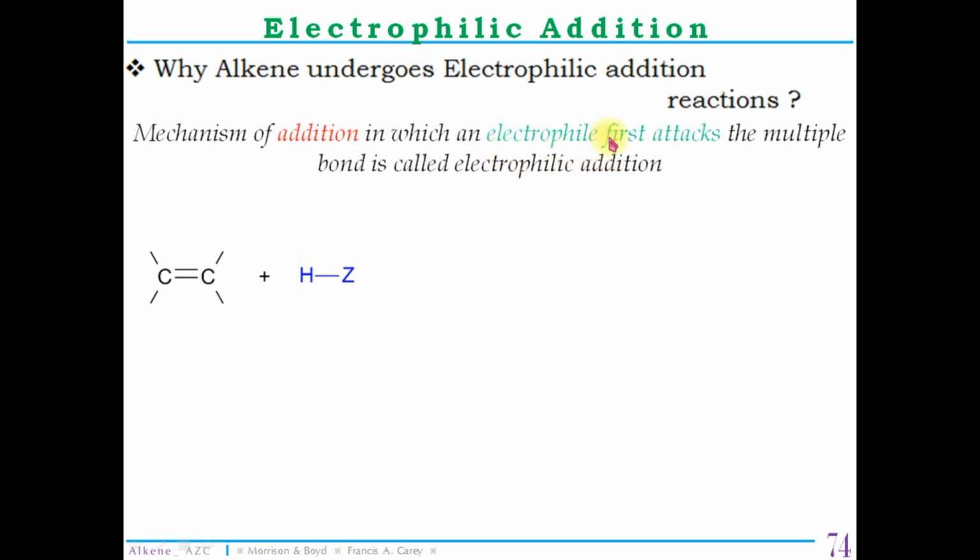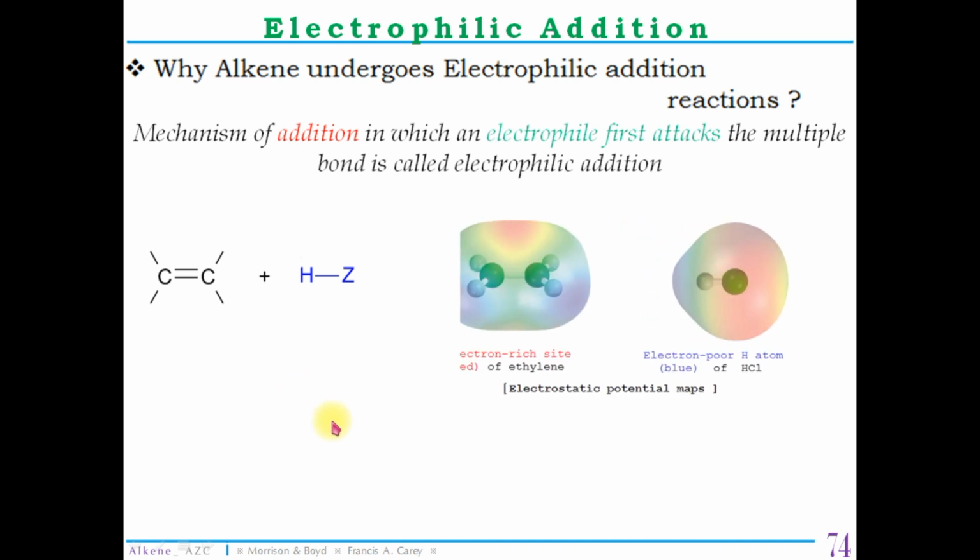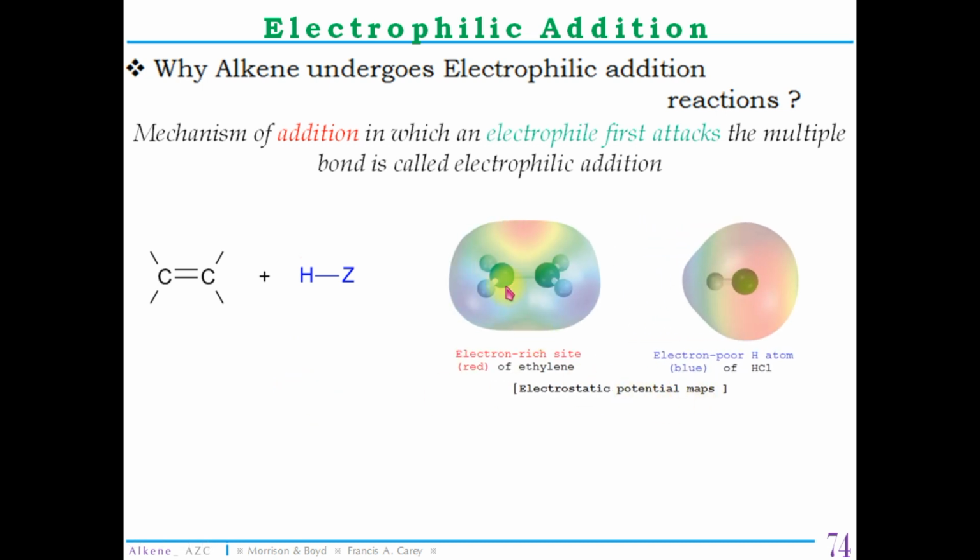Now what is the electrophile and why does it attack the multiple bond? We have both reagents. If we see the potential map of alkene and HZ, here the example is hydrogen chloride. In an electrostatic potential map, electron-rich regions are represented in red while electron-deficient regions are represented in blue.